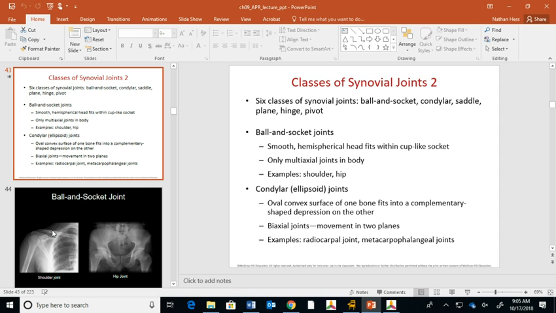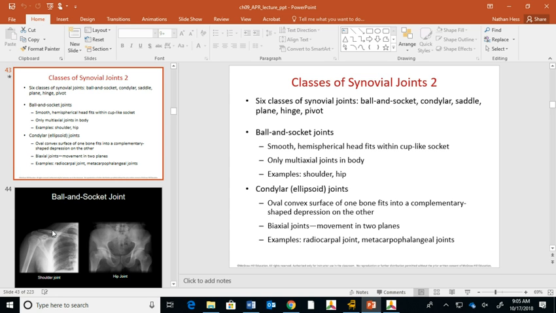The femur and the acetabulum coming together. And that allows motion in all three planes. It allows flexion and extension, that's one plane. It allows abduction and adduction, and it allows rotation. Does that make sense? Okay, multi-axial for these guys.